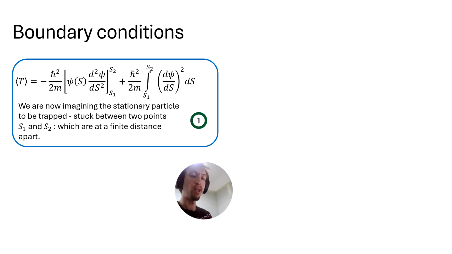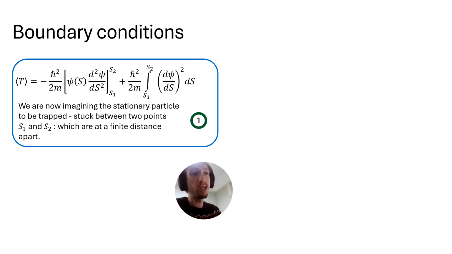And dealing with infinity isn't particularly ideal, so to make matters simple, I'm considering S1 and S2 to be at a finite distance apart, so we're dealing with a stationary state particle whose wave function is a wave function for a particle in an infinite potential well.